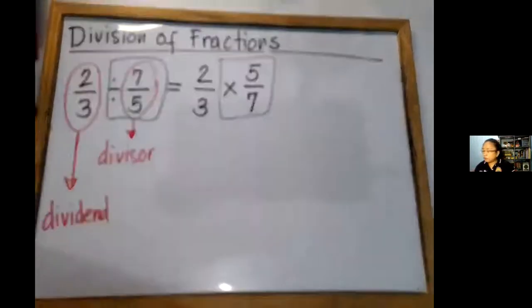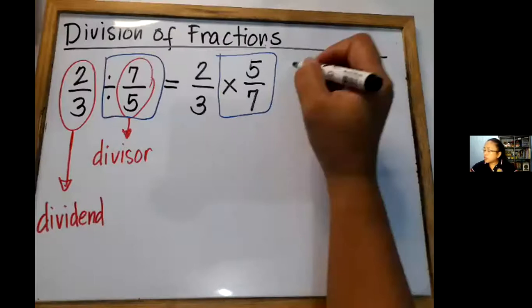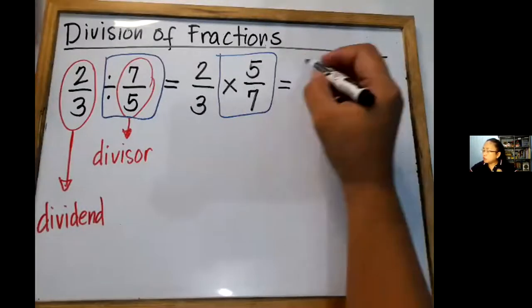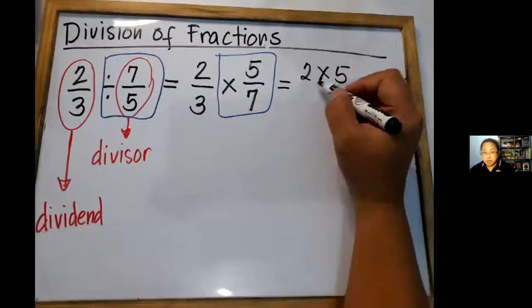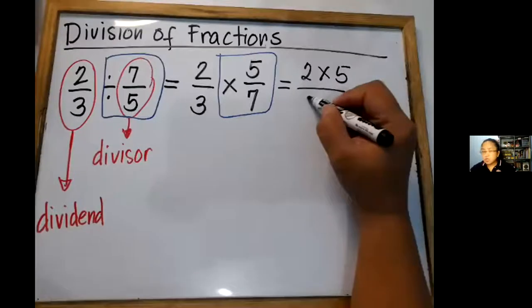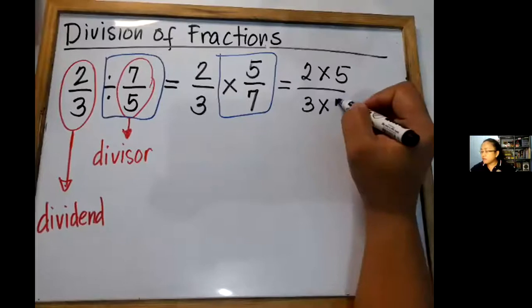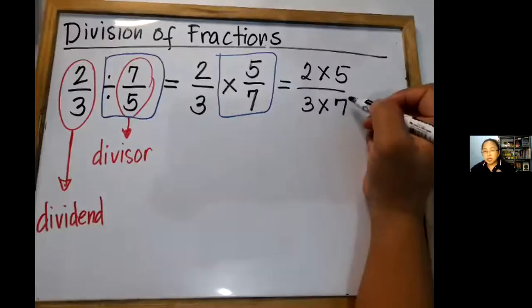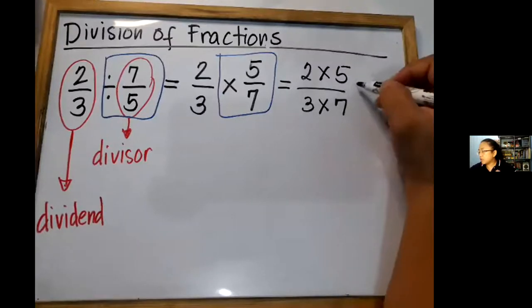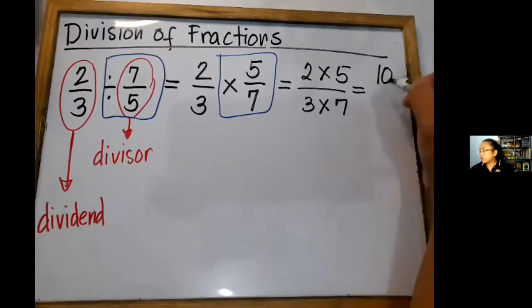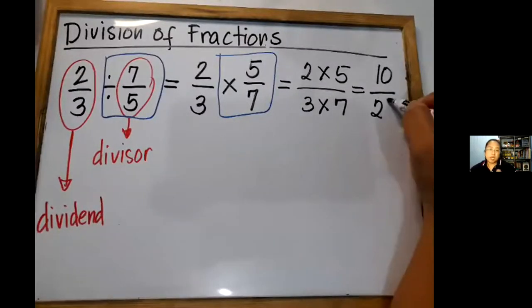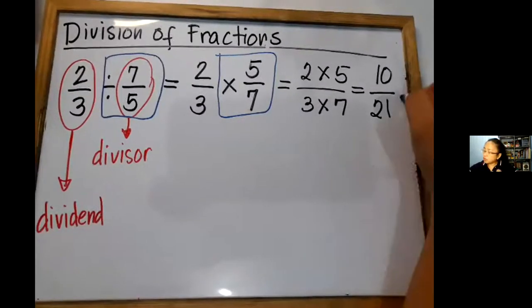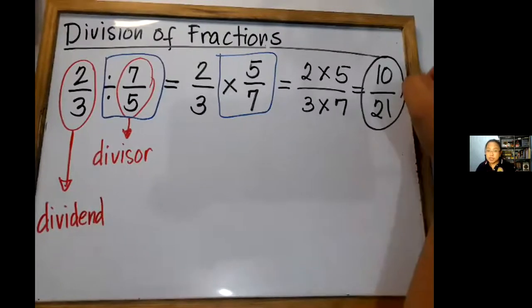So let's do that. We multiply the numerators together, 2 times 5, and then denominators together, 3 times 7. 2 times 5, that's 10, and 3 times 7, that's 21. So 10/21 is the quotient.